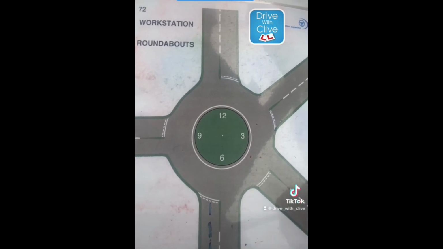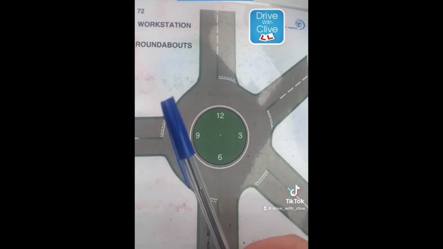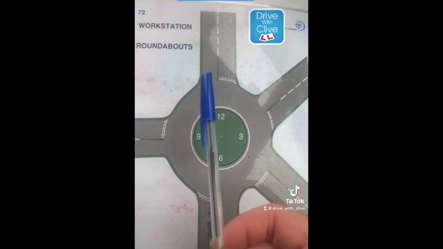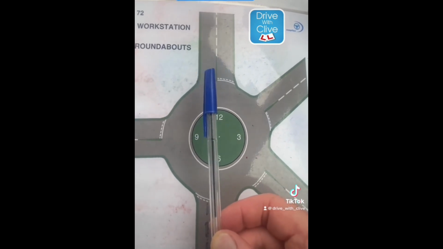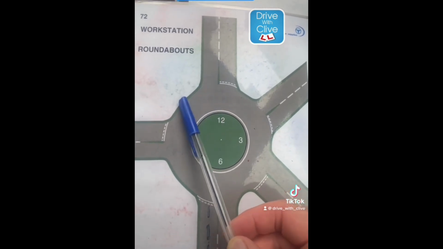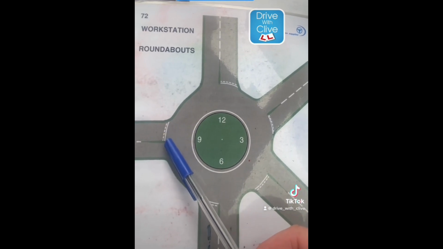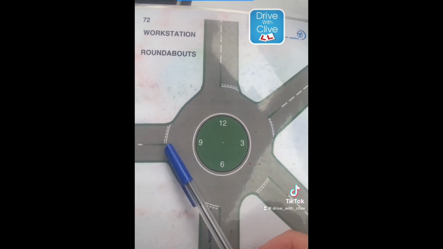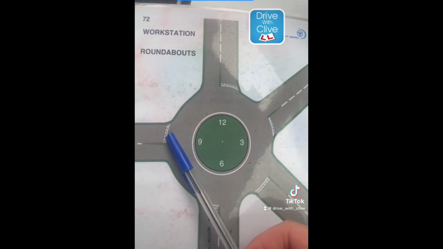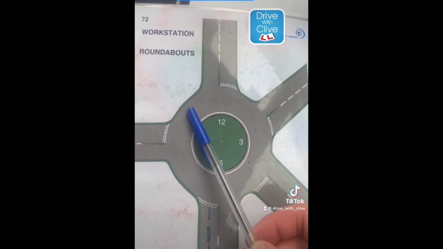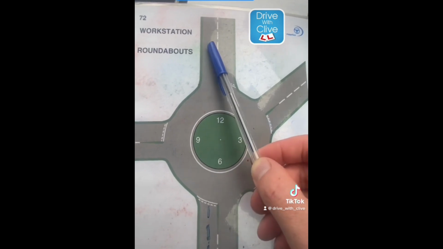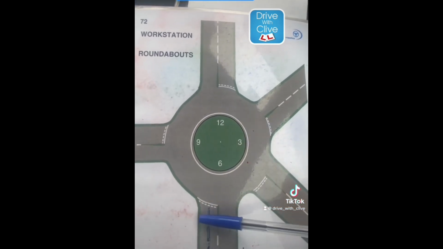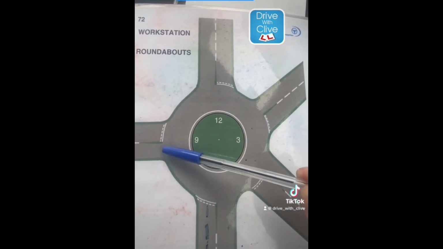So in other words, if I'm taking the second exit here, which is right here, you have to signal left after you pass the previous exit. So just after this area here, this is the part where you could actually turn in. So once you've gone past that a little bit, you can signal here, and then everybody knows you're taking the next exit here. So you have no signal on the approach, and you signal left here.